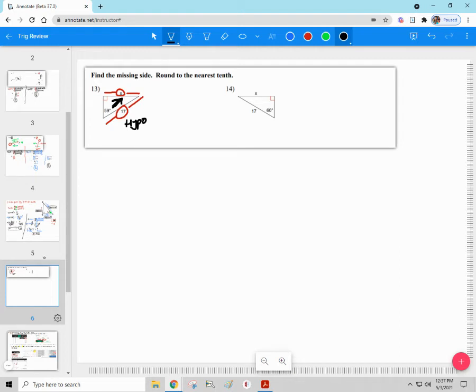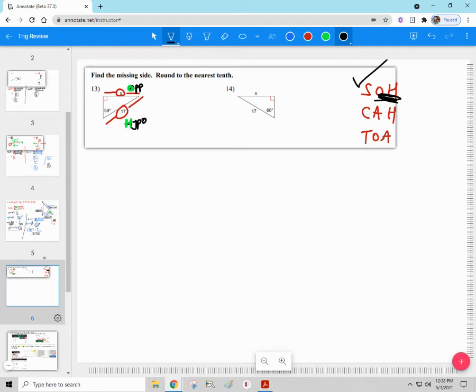Therefore, x will be the opposite side. So, where can I find this O and H? Think of SOHCAHTOA. I see O and H here. Therefore, I have to go with sine.